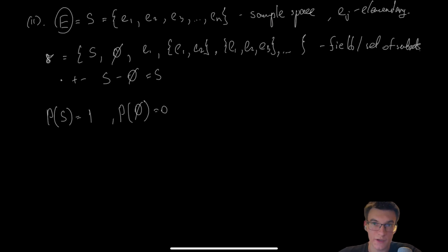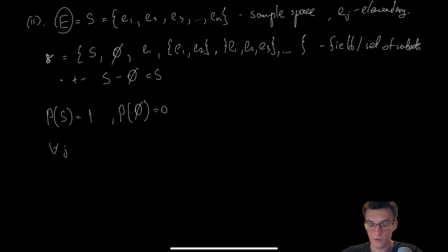The brilliant thing about probability is how we can capture it with just a number between 0 and 1. If we are absolutely certain something will happen, we say its probability is 1, or sometimes we refer to it as 100%. So in this case, the sample space occurs with a probability equal to 1. It means that no matter which outcome we have, in any case it will be the sample space.